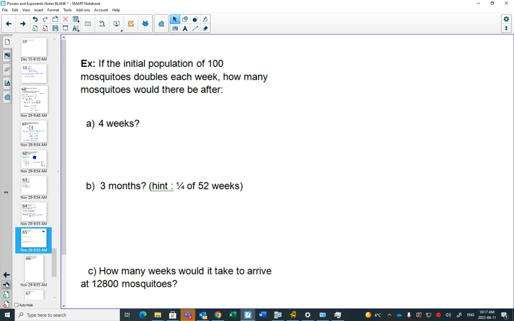Mosquitoes equals, we started with 100, and we're doubling, so it's times 2 to the t, where t is what? The number of weeks after the initial population.